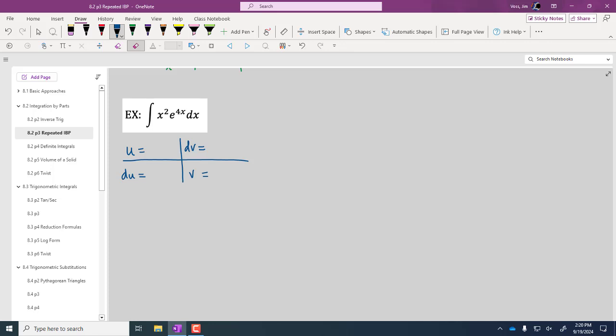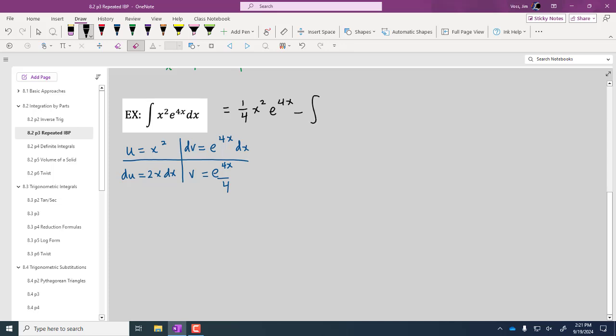X is with the u. That's what you should have for your first integration by parts.